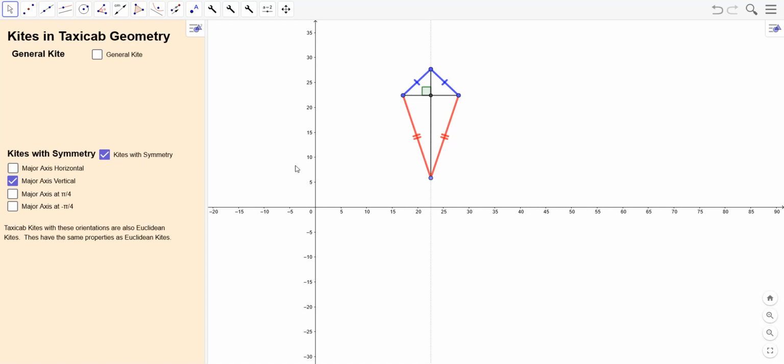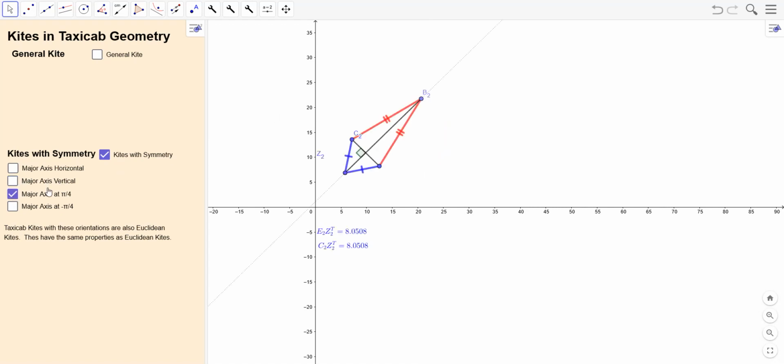If the major axis is vertical, that also works out to give us that same situation. And it's really because of these two particular examples: a Euclidean reflection about a vertical or horizontal line is a congruence mapping in taxicab, whereas reflections about most lines are not a congruence mapping.